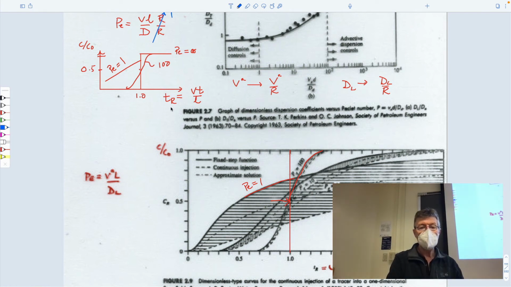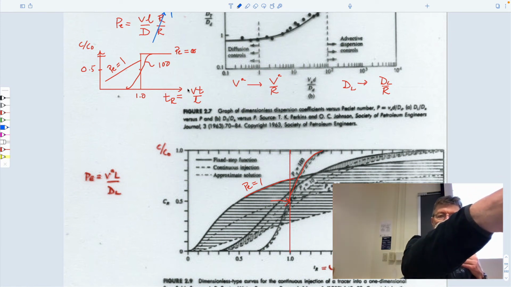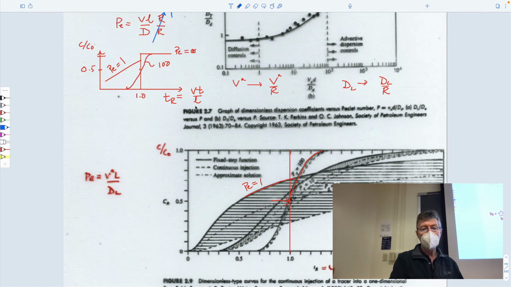But if we look at the magnitude of the pore volume number, remember this number is equal to 1. Advective velocity times time is the distance the front has gone as you've put in that amount of fluid. And it's at the end of the core. So when it's equal to 1, it means you've replaced 1 pore volume. So you've pumped enough fluid in that you've replaced 1 pore volume with your new fluid.